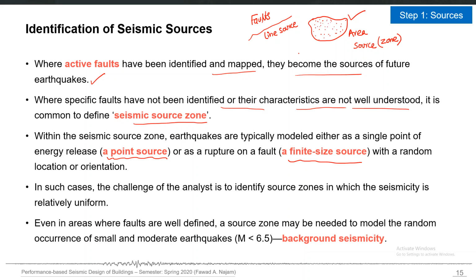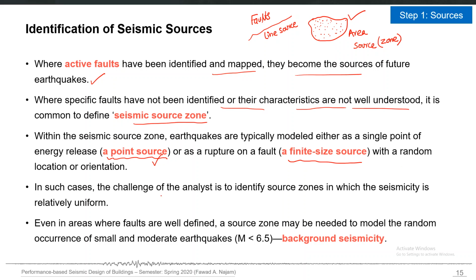We can either model them as point sources, or we can also model them as a rupture on a fault. In that case, it will be a finite size source. More importantly, we will consider that their location and orientation inside a particular seismic source zone is random.